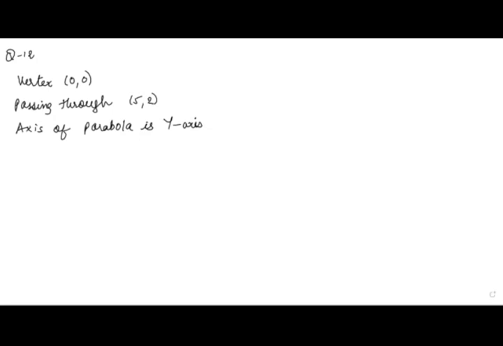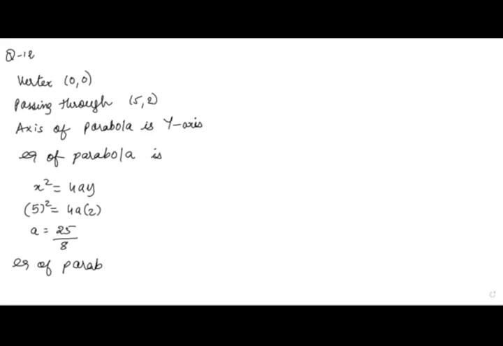So here the equation of parabola we will consider is x square is equal to 4ay and not minus 4ay, as I explained. I will keep the value of x as 5 and the value of y as 2. I will get the value of a as 25 by 8. So keeping back the value of a in equation of parabola, I will have x square is equal to 4ay.